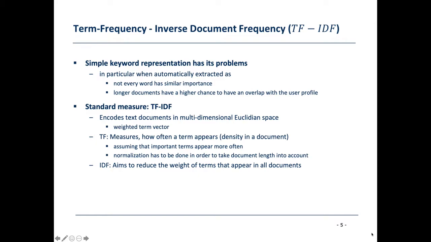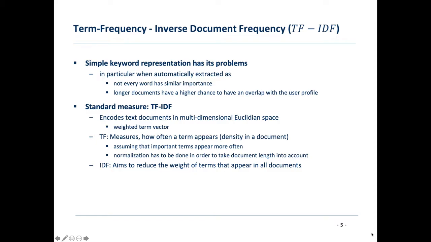But we've seen that we can solve some of these problems that are not user-based, but document-based, by using TF-IDF. I'm going to go through this particularly quickly because it's in the nature of review from earlier on in the term. So TF-IDF gives me an ability to encode documents in a multi-dimensional space.